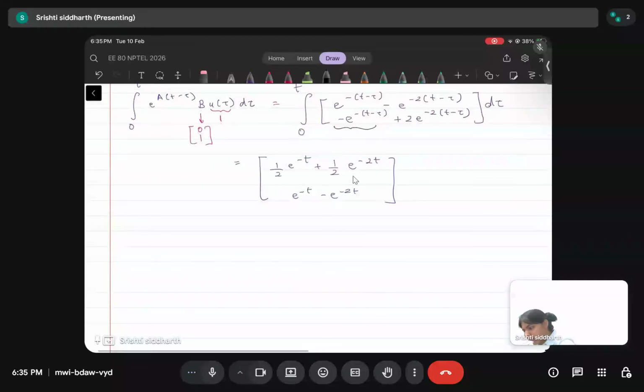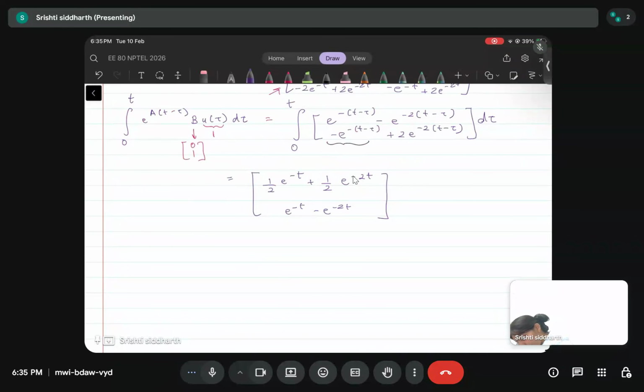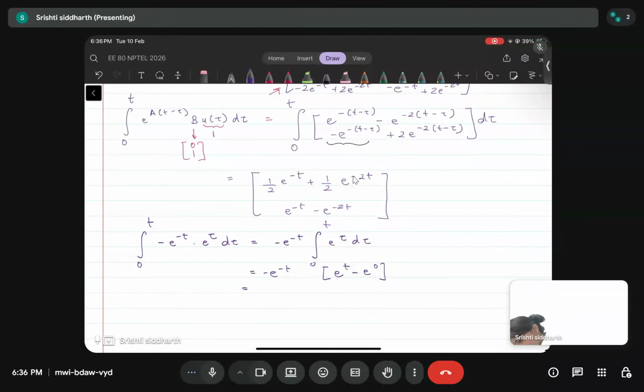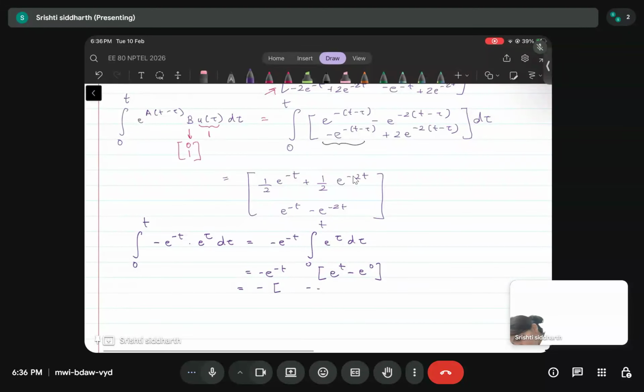So this is the integral from 0 to t of e to the power minus t times e to the power tau d tau.